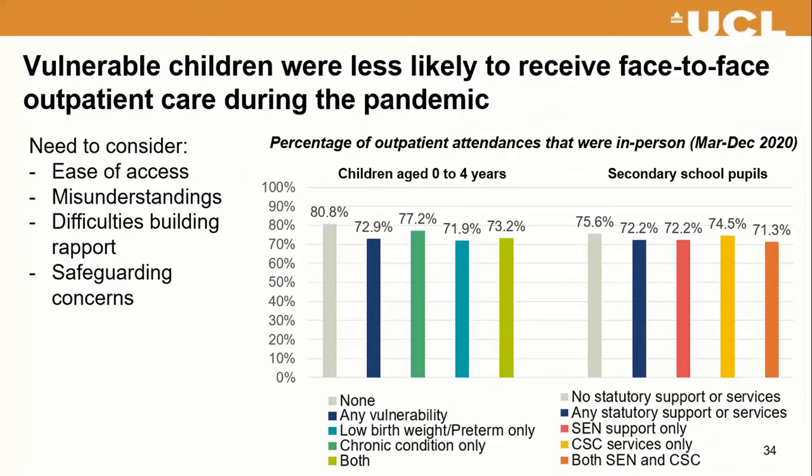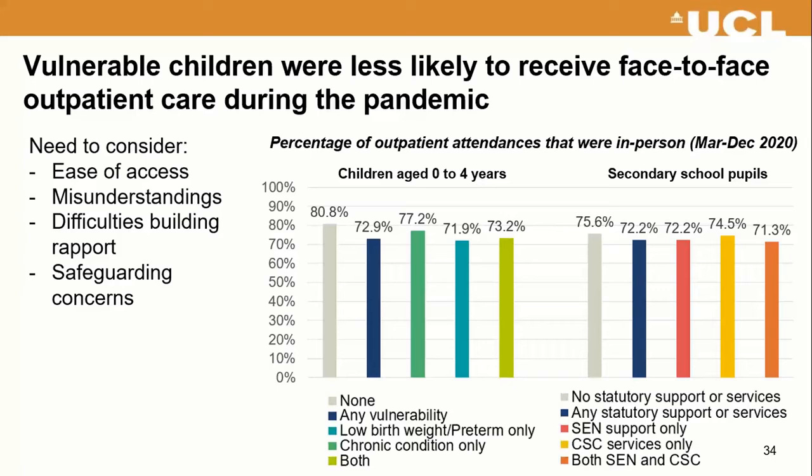So the last thing that we looked at in this analysis was the mode of outpatient attendance, and we were interested in this because obviously without remote consultations, without tele or virtual appointments, the capacity to see children face to face would have been greatly diminished.